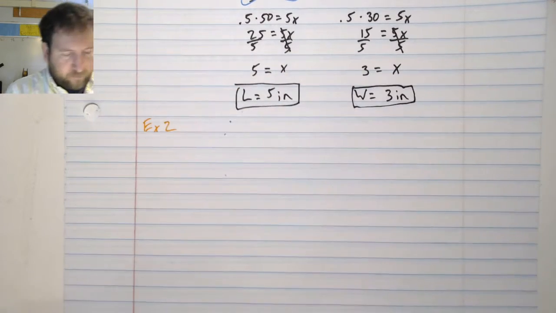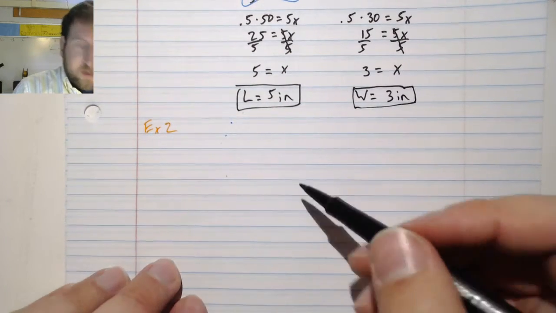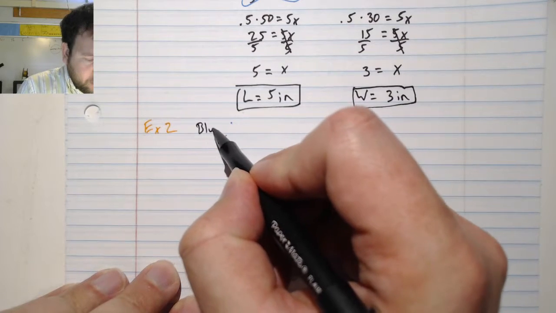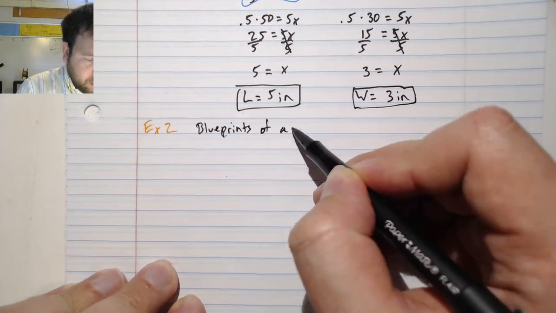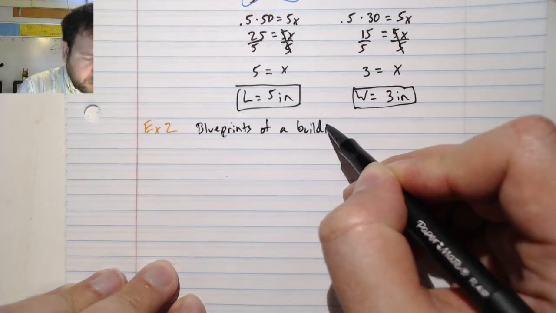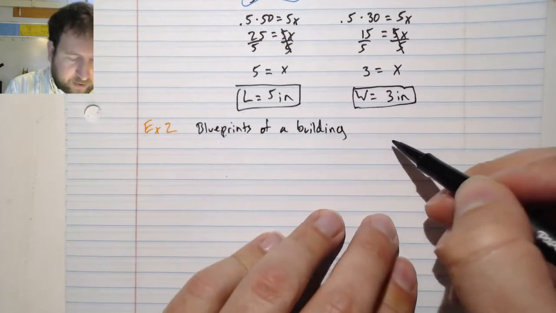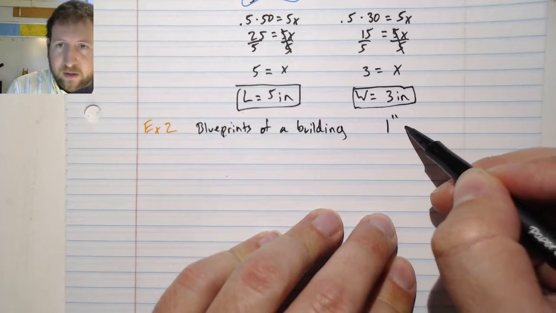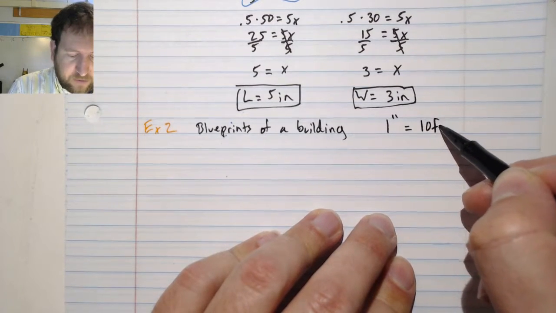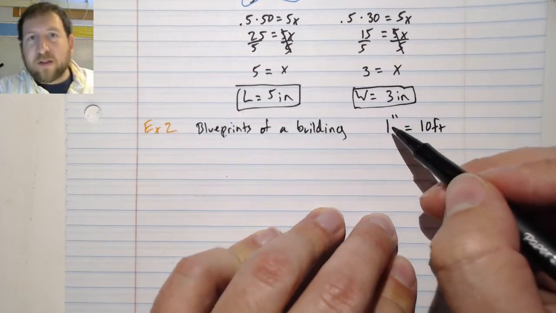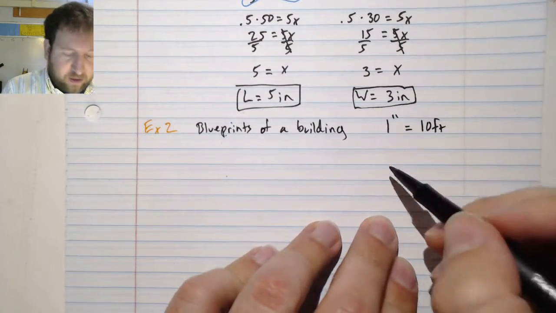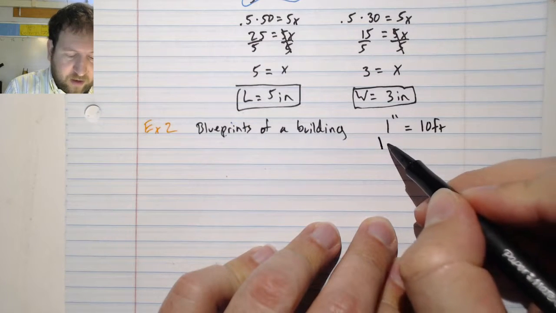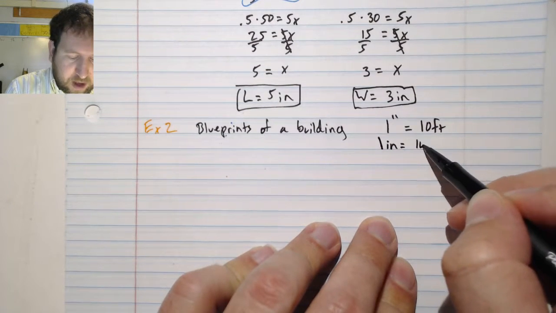Example 2. Okay, blueprints of a building. Our scale here is 1 inch equals 10 feet. Recall that whenever there's those little marks, those little apostrophes, that does mean inches. I can write this like this just so I don't get confused: 1 inch equals 10 feet.